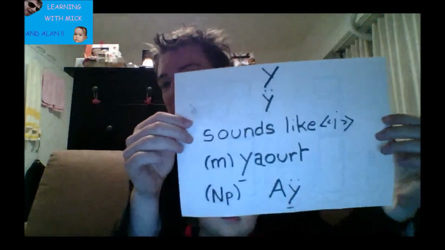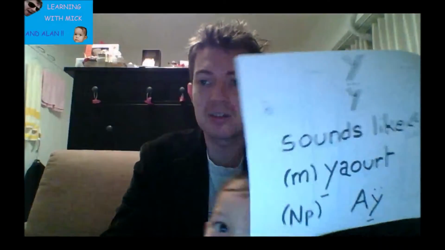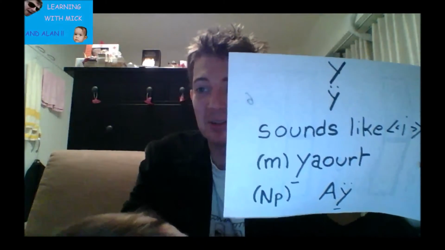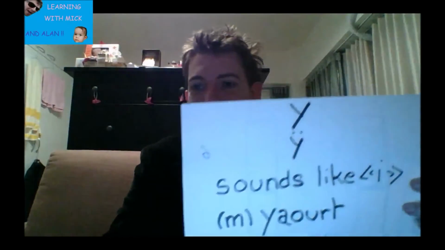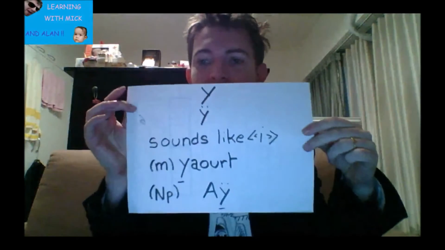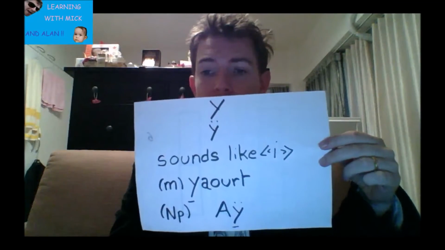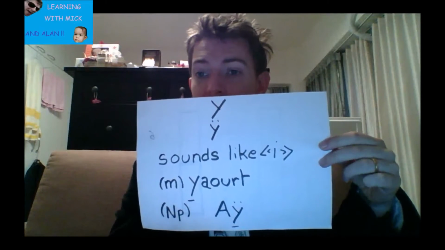And last and least, Y. Y means Greek I. But you know this letter in Greek is U. Just another example where the French think that they're right. Y sounds just like I. So not much to say about it.